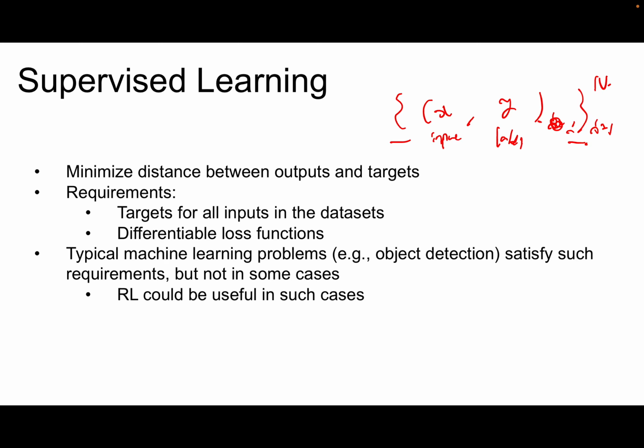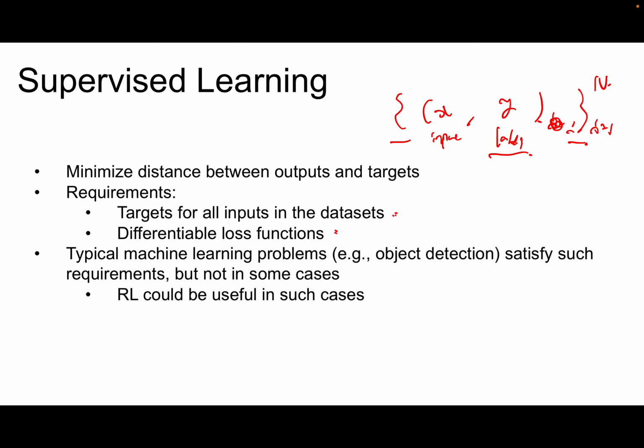The requirements of supervised learning are, first, targets for all inputs in the dataset. We need labels so that we can compute the loss function, and then the gradient from the loss function is backpropagated to the neural network weights and they are optimized. Another requirement is a differentiable loss function. That is definitely true, right? We need a differentiable loss function so that gradient backpropagation can be included in the computational graph.